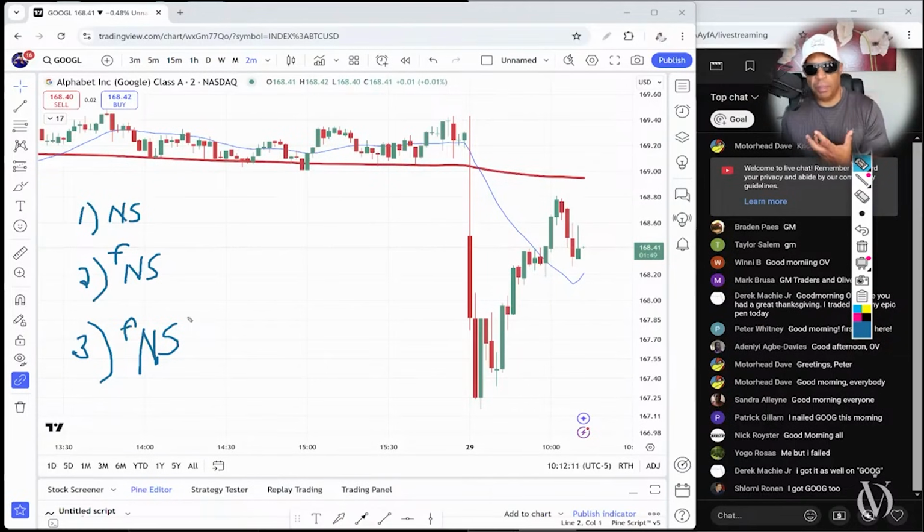I call this the picture of power. The flat narrow state with a pop, the picture of power, meaning the 200 is the top one in a short. It's the bottom one with a long.